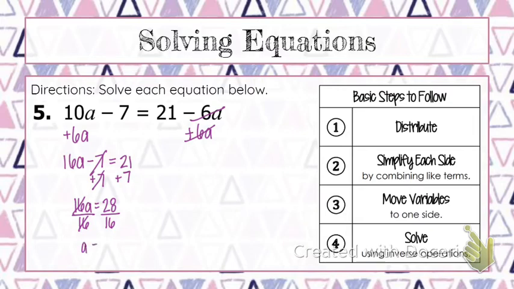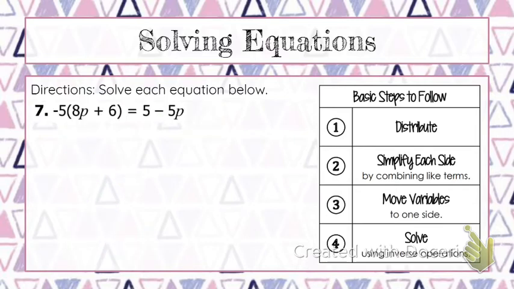And we'll get a equals 28 over 16 simplifies to 7/4. Or I would also accept, in this case, the decimal form because it's just 1.75. You don't have to round or anything to get that.